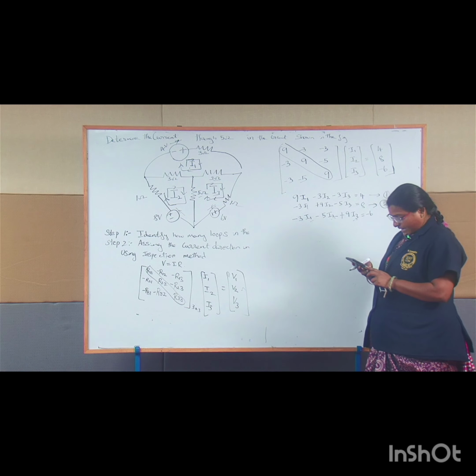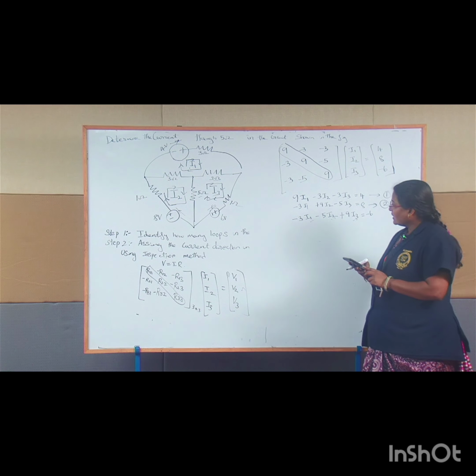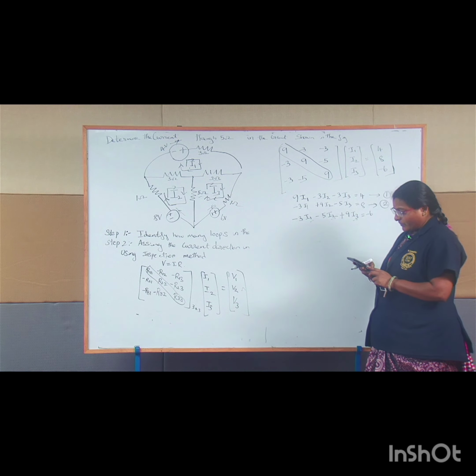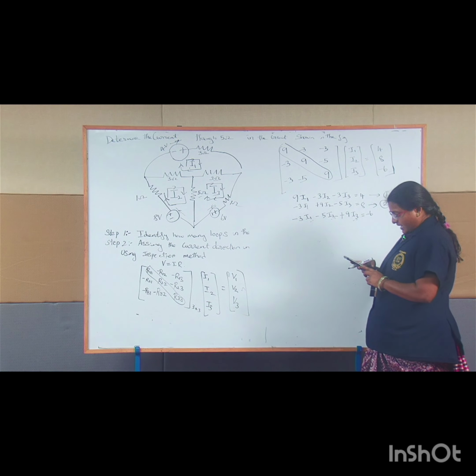So B1 is minus 3, C1 is minus 3, D1 is 4. Then A2 minus 3, B2 is 9, C2 is minus 5, D2 is 8. Then A3 minus 3, B3 minus 5, C3 9, D3 minus 6.